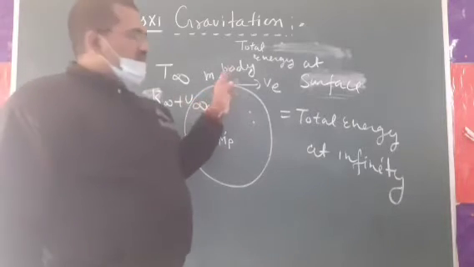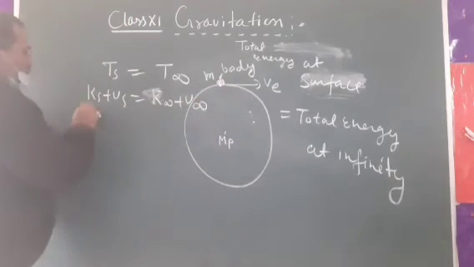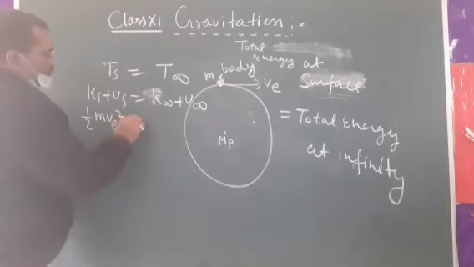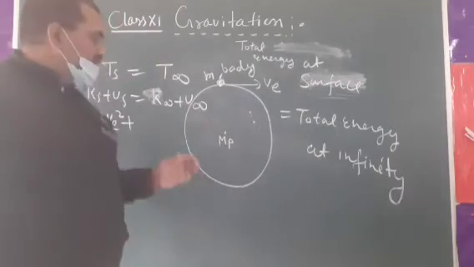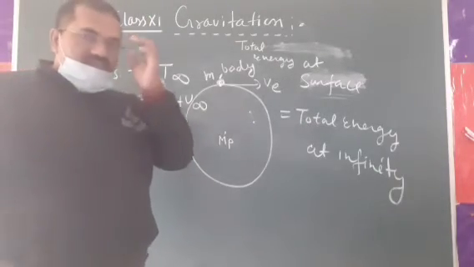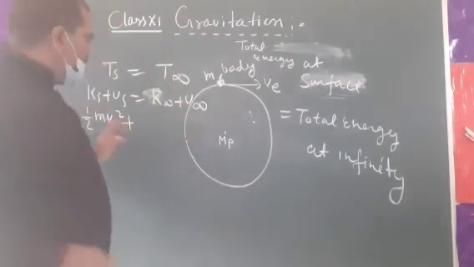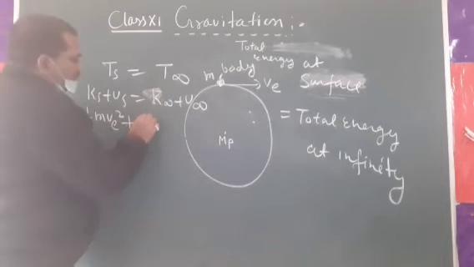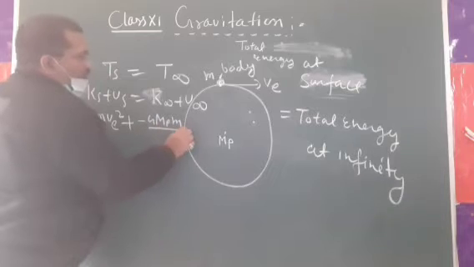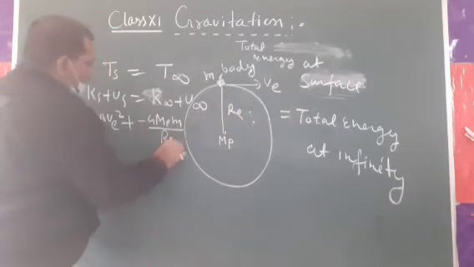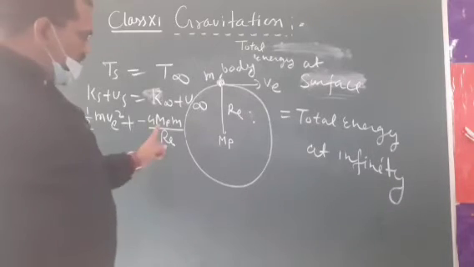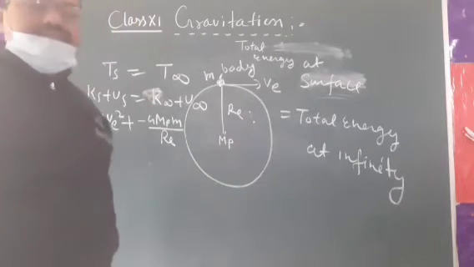Total energy at the surface: Ks equals half mv square, plus potential energy. Potential energy at the surface, we already know, is minus G MP m upon Re.